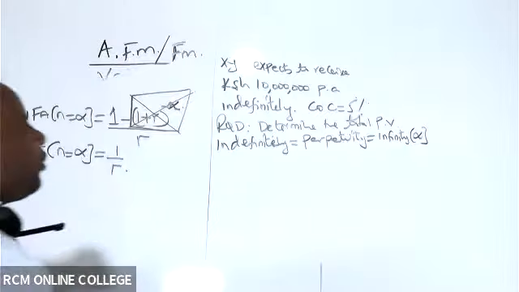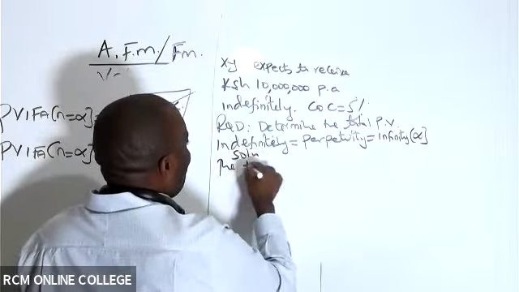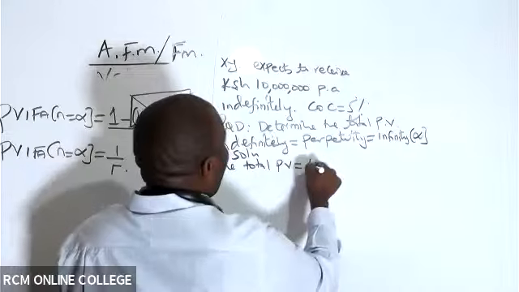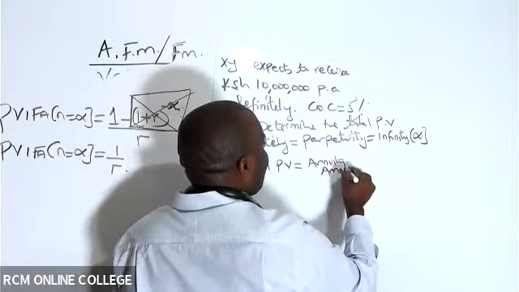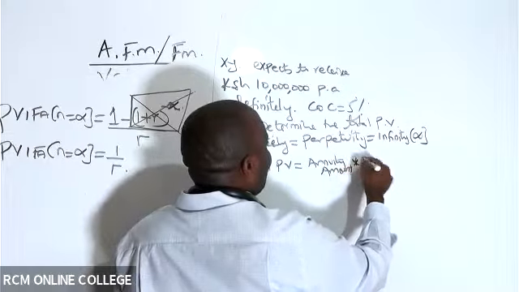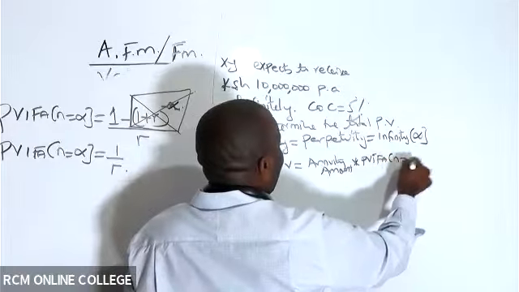So in this case, for me to be able to get the total present value, I will take the annuity amount and multiply it with the PV factor when n is infinity.